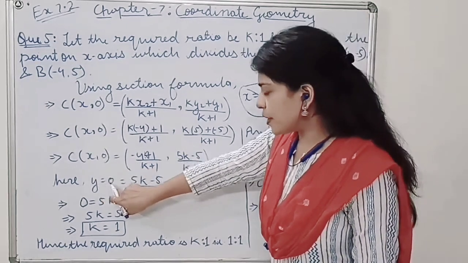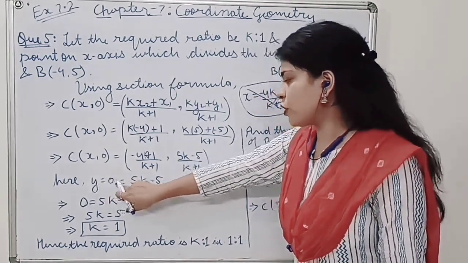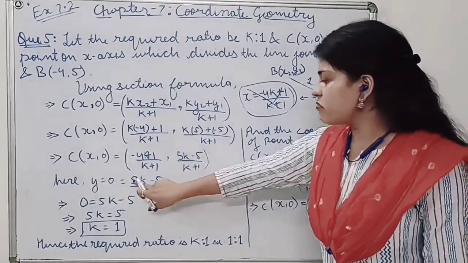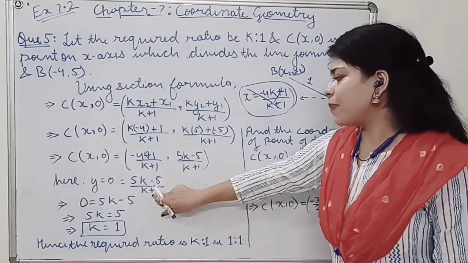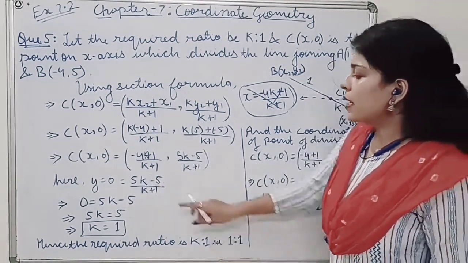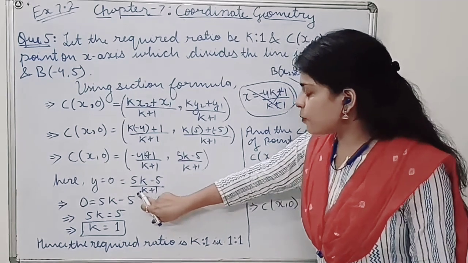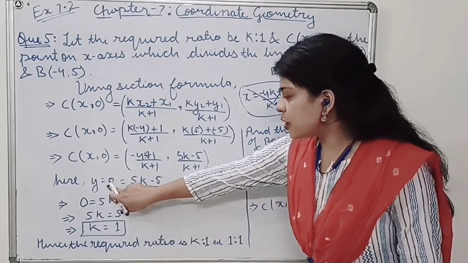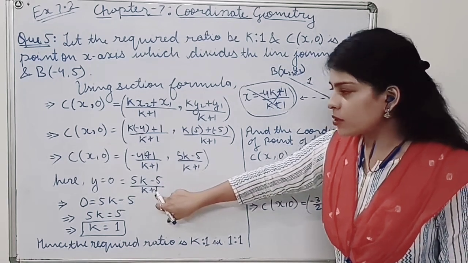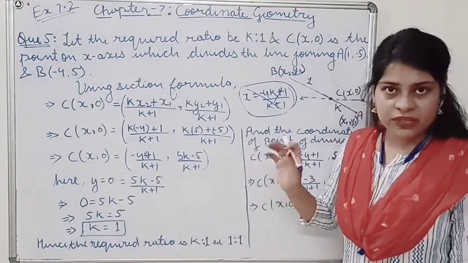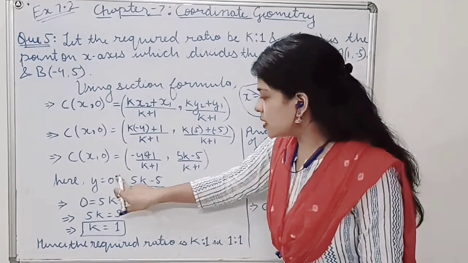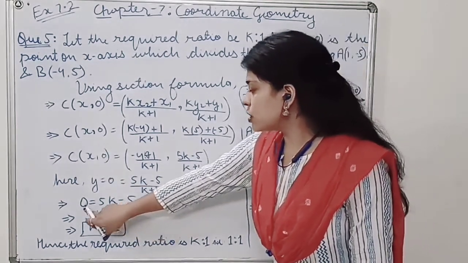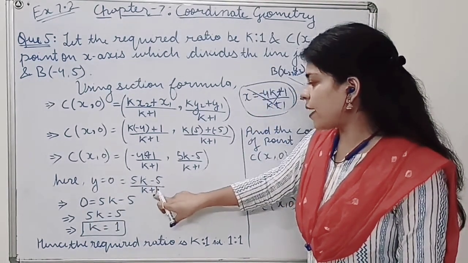The y coordinate is 0, so 0 equals 5k minus 5 upon k plus 1. If we transpose k plus 1 to the LHS, it will be 0 into k plus 1. Multiplication of any number with 0 is 0, so this becomes 0. So 0 equals 5k minus 5.